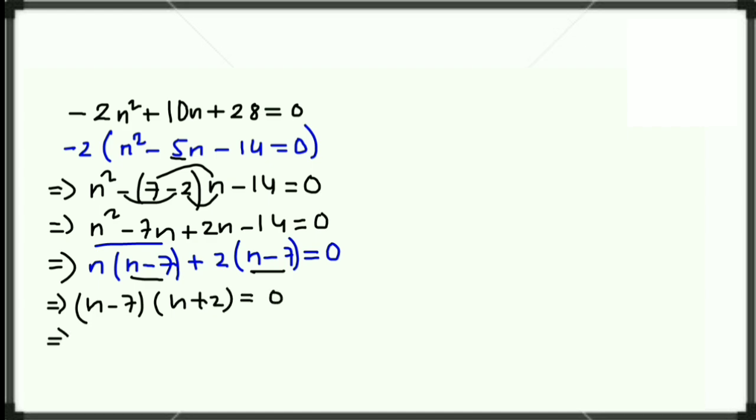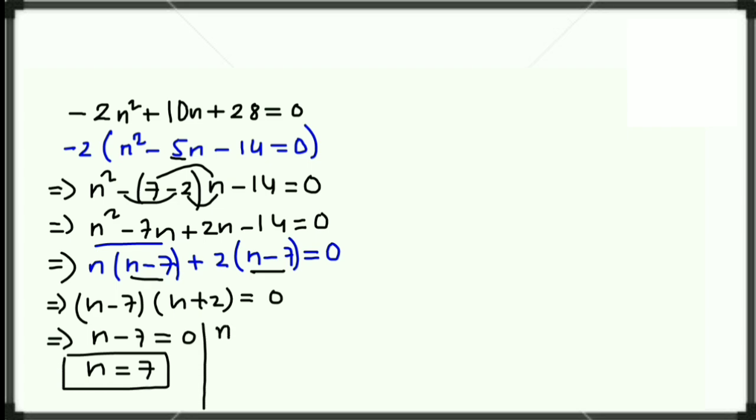Now n minus 7 make it equal to 0, then we obtain n equal to plus 7. Again n plus 2 make it equal to 0, then again we obtain n equal to minus 2.